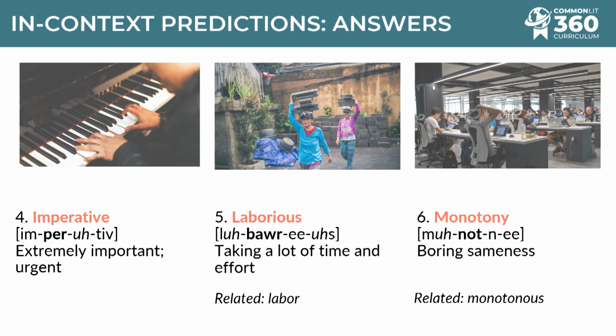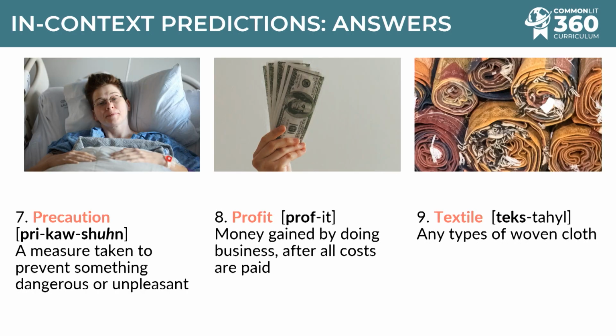Laborious is actually the correct way that you pronounce it, but I've always said laborious. So the correct definition for laborious is taking a lot of time and effort. It's related to the word labor. And the next word is monotony. It's boring sameness. I hope you got those correct definitions.